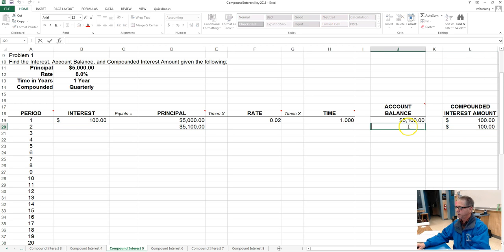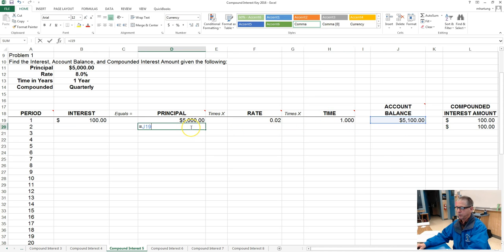And the account balance formula is going to be the same, which is principal plus interest, so we can copy that one. Time and rate will stay the same. That's going to be our formula every time. And then our simple interest formula will be the same every time.